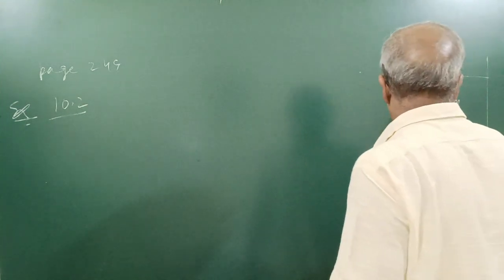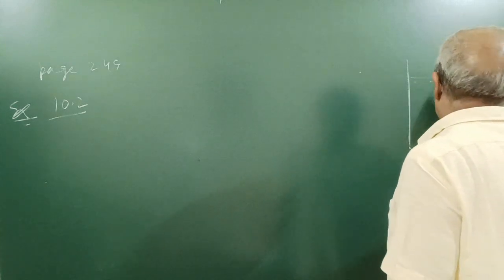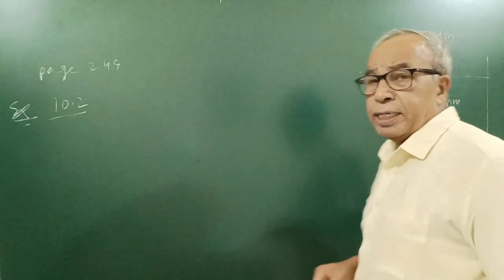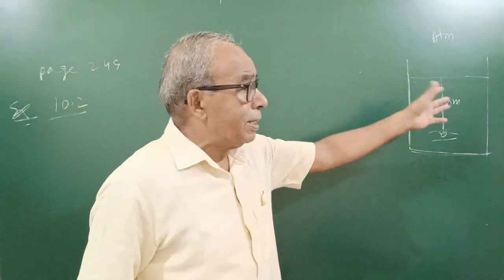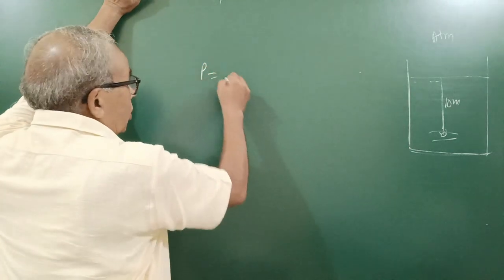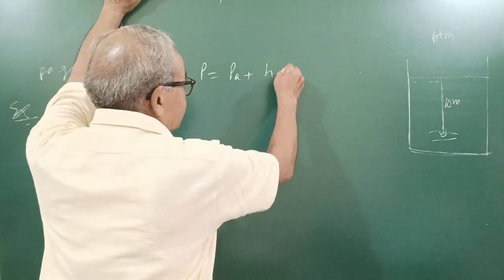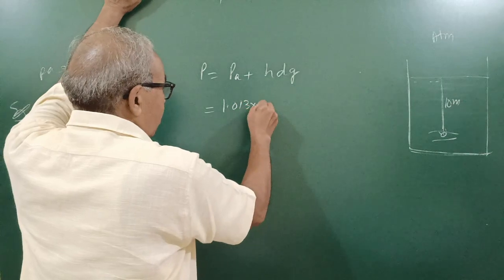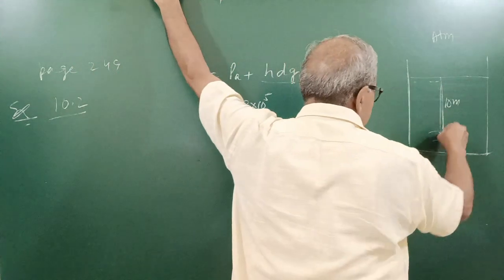Generally when we first think, we think of 10 meter of water pressure, but above the water there is atmosphere. Don't forget it. So the total pressure on the swimmer will be Pa, the atmospheric pressure, plus hρg. Pa is 1.013 × 10^5 plus hρg, the pressure of water 10 meter deep.